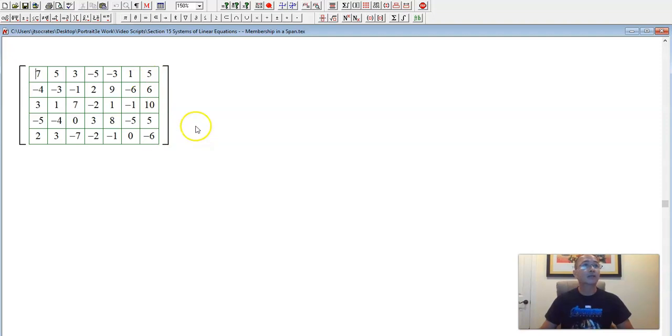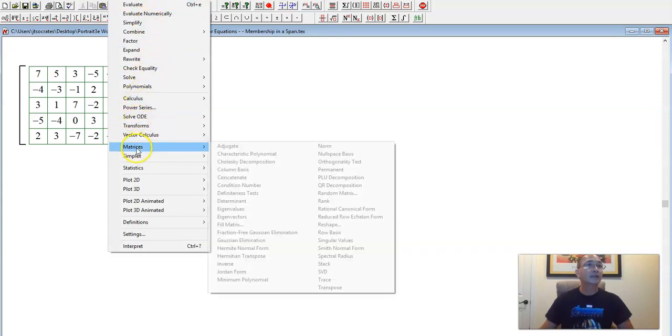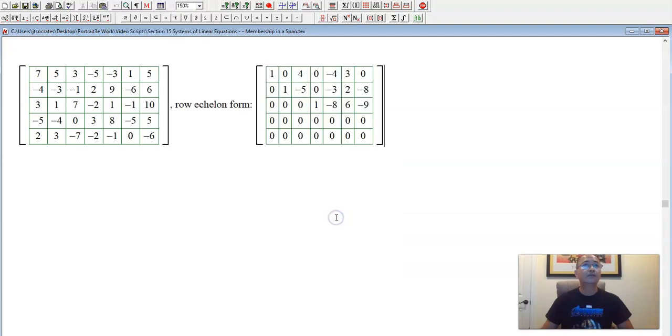Maple is the computational engine for Scientific Notebook. And all we have to do is click on Compute, which is hiding up here. Go to Matrices and look for Reduced Row Echelon Form. Ooh. So there's the same REF that we got last time.